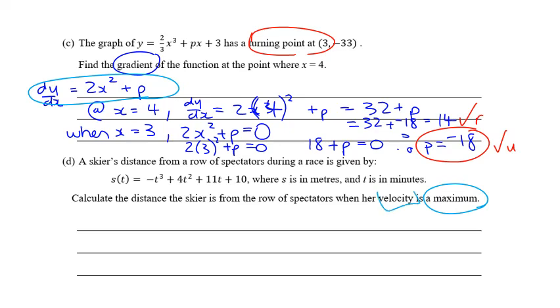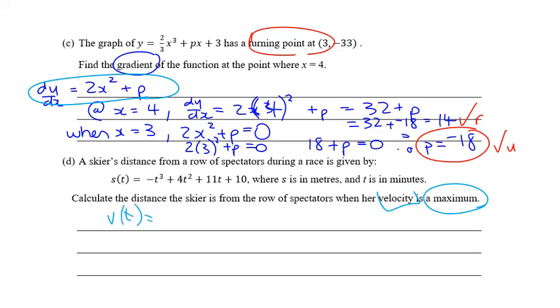Velocity. So we need to differentiate our velocity function and get that to equal 0. So in other words, when you are at maximum velocity, what's your acceleration? 0, because you're no longer getting faster, are you? Because if you were getting faster, would it be your maximum? No.